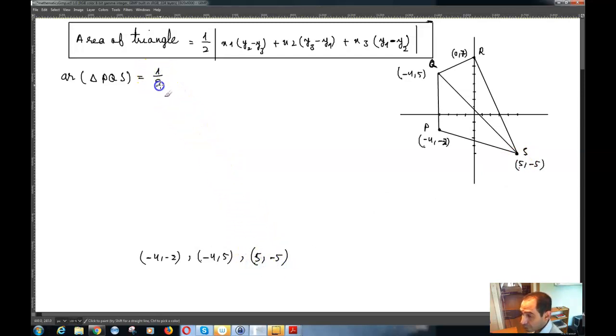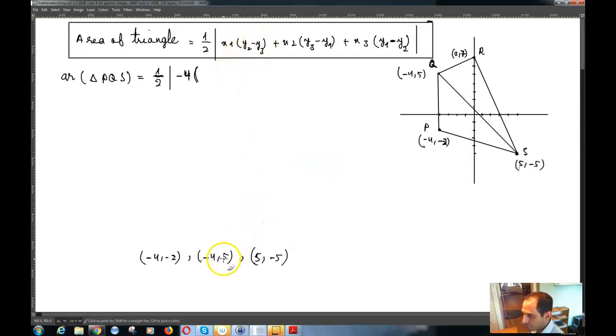So that would be 1/2 times the absolute value of x1. You can take these as x1, y1, x2, y2, x3, y3. Now x1 is negative 4 times y2 minus y3, and you need to check this formula: x2 times y3 minus y1, and x3 times y1 minus y2, which is correct.